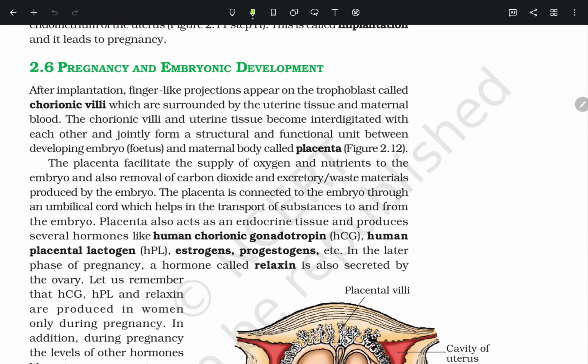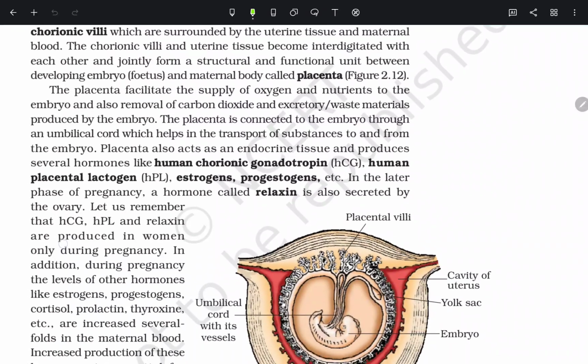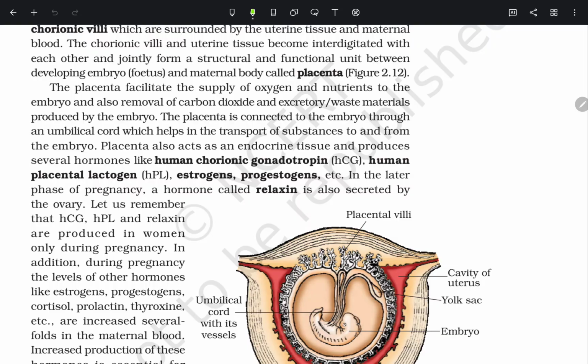The chorionic villi and uterine tissue become interdigitated with each other and jointly form a structural and functional unit between the developing embryo, fetus, and maternal body called the placenta. The placenta facilitates the supply of oxygen and nutrients to the embryo and also the removal of carbon dioxide and excretory waste materials produced by the embryo.